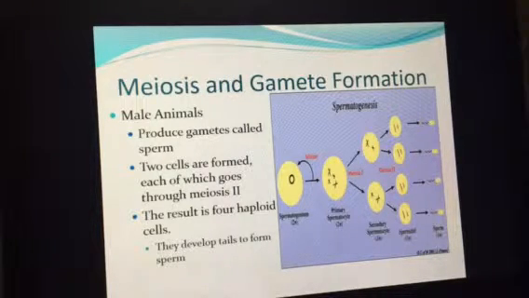Males will go through spermatogenesis trillions of times, forming millions of sperm. Every time a male ejaculates, they'll have millions of sperm within that semen. And semen is just a liquid substance that lowers the pH level of the female reproductive organ so that the sperm are able to survive, because they're not typically able to survive within the uterus.